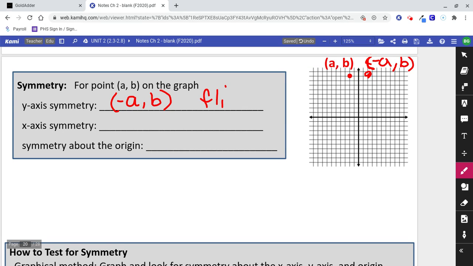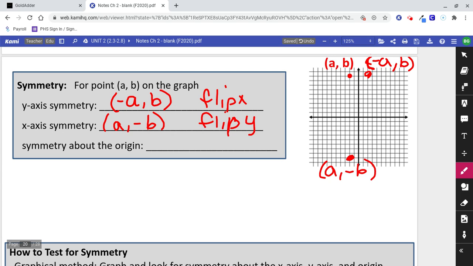So you can put over here flip x. X-axis symmetry, you flip the y coordinate, flip y. So if you have x-axis symmetry, your point flips down to here, and that becomes a, opposite b. It's not technically correct to say negative b there.